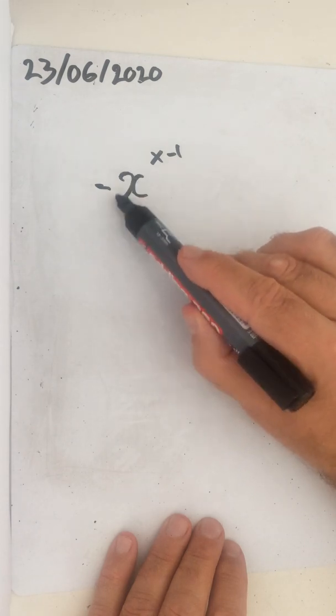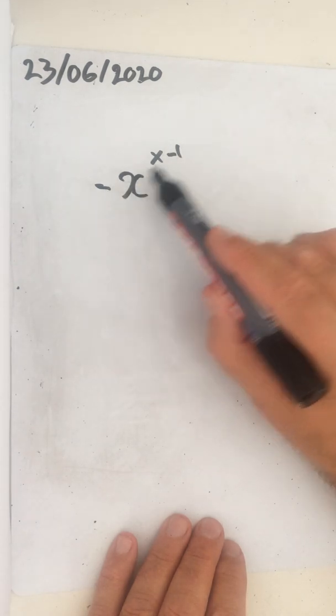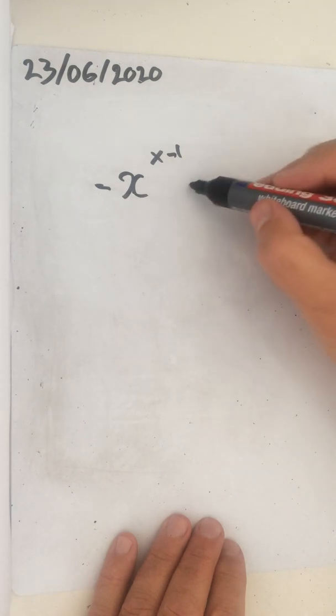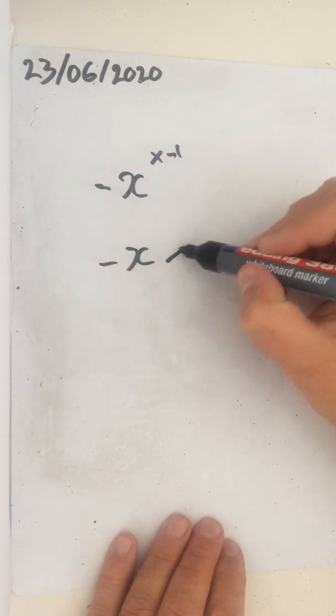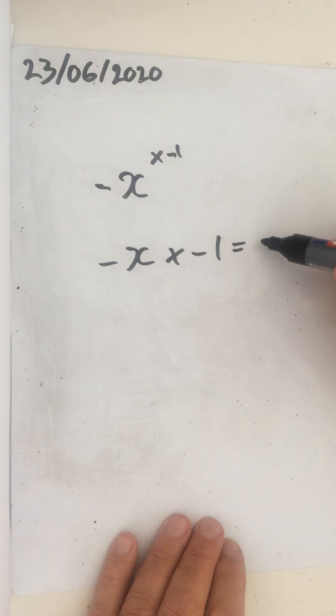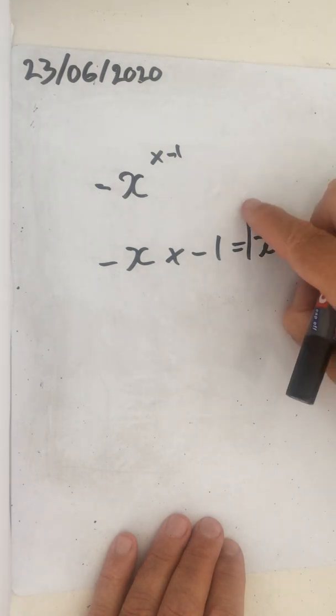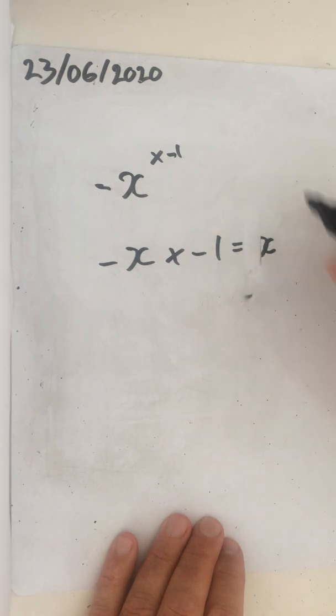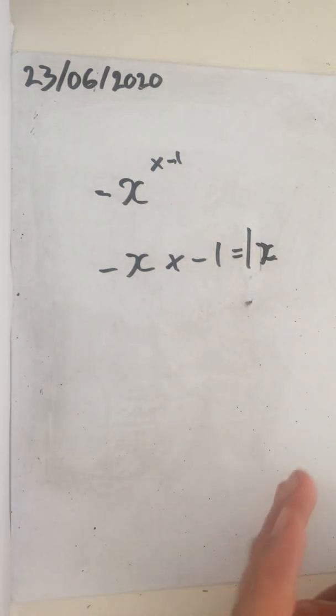Remember, this is minus 1x times minus 1. A minus times a minus will give me a positive. So minus x times minus 1 will give me 1x, and we just don't show the 1, do we? So we just call it x.